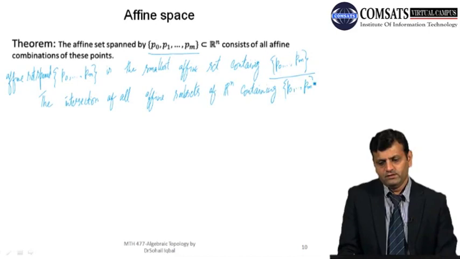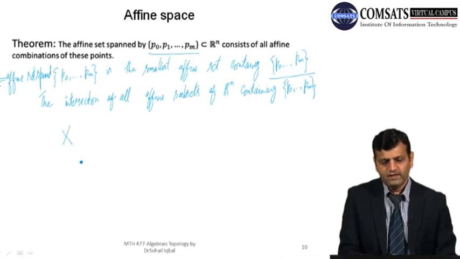So we have already discussed this, but this theorem says that, let's say this affine set spanned by these points is X, so this consists of all affine combinations of these points.